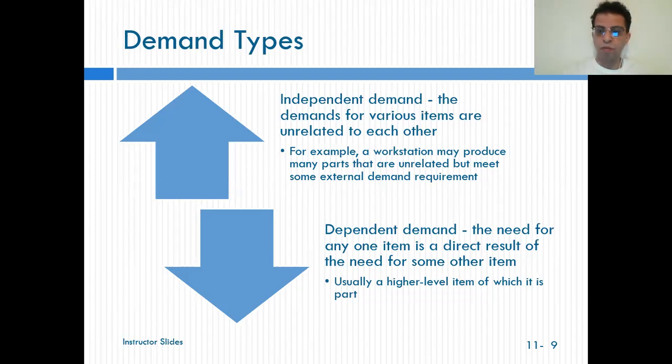Dependent demand is when the need for any one item is a direct result of the need for some other item. So you need tires for the car. This is dependent demand, usually for a higher-level item of which it is a part.